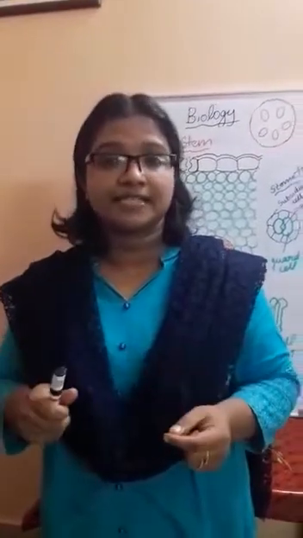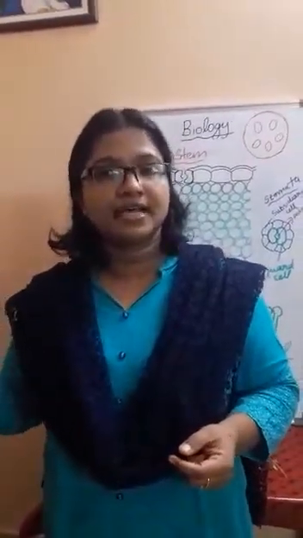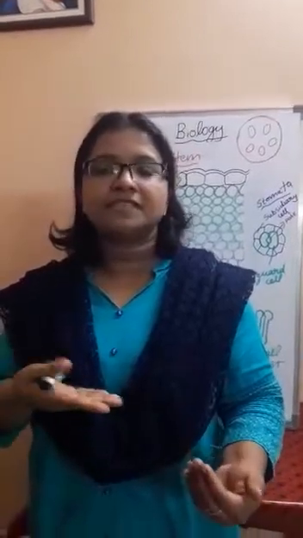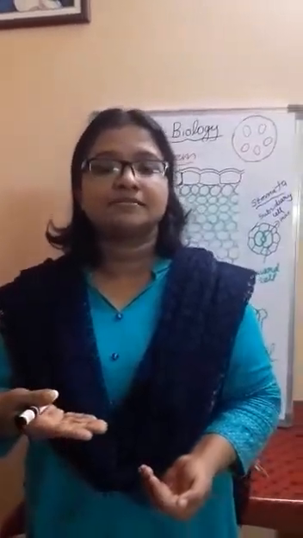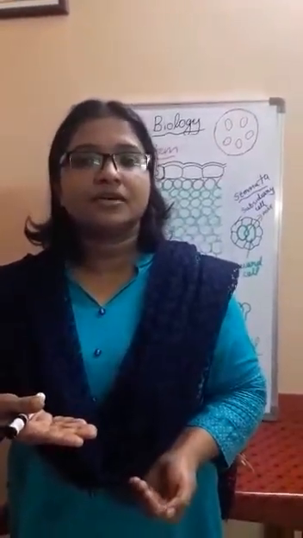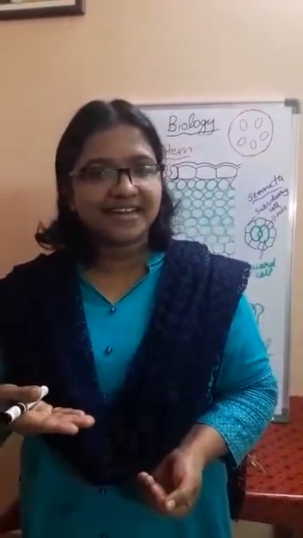First one is called apical meristem, the one which is seen at the apex. Another one is seen at the lateral side of the plant, and we call it the lateral meristem. And then at the base of the node, you can also see the meristem, which is called the intercalary meristem. Am I right?